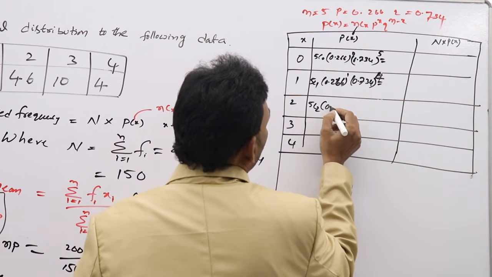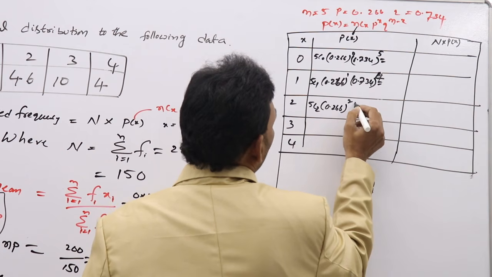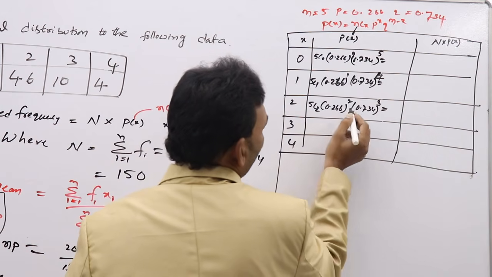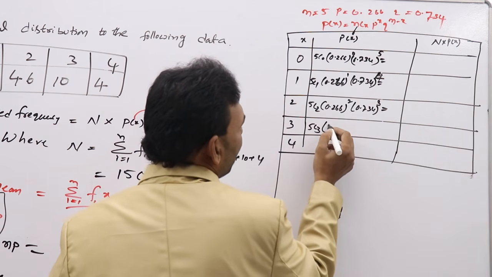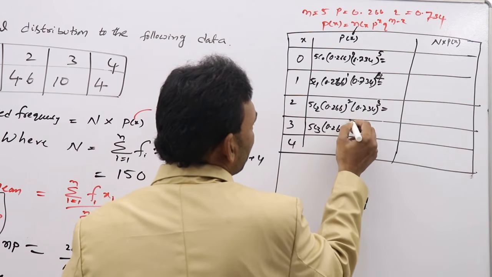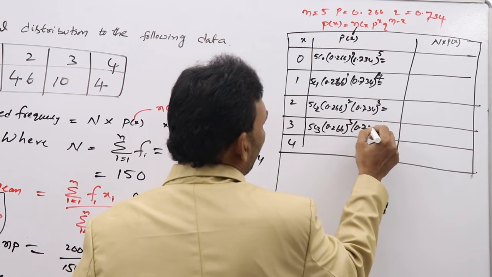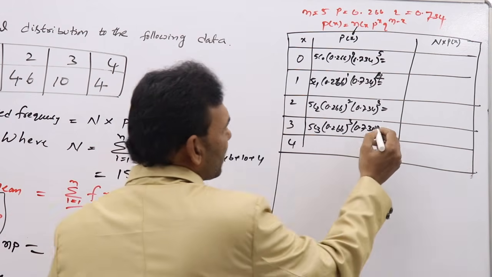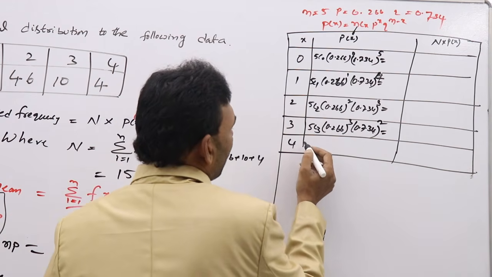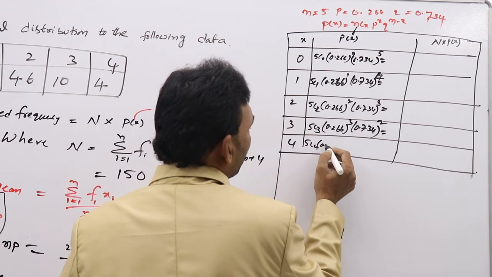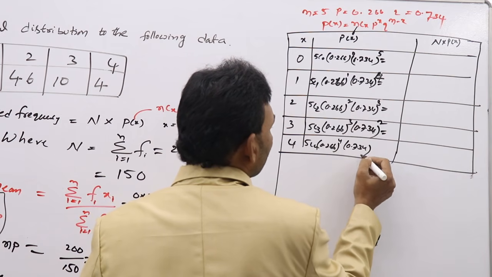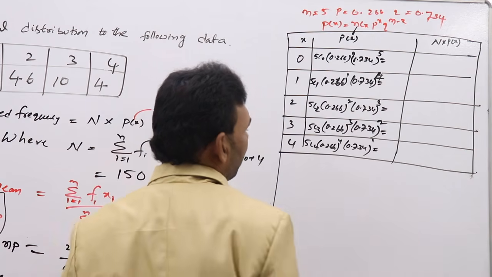Next, 5C2, 0.266 whole square, 0.734 whole cube, 5 minus 2. 5C3, 0.266 whole cube, 0.734 to the power 5 minus 3, which is 2. 5C4, 0.266 whole to the power of 4, 0.734 to the power 5 minus 4, 1.